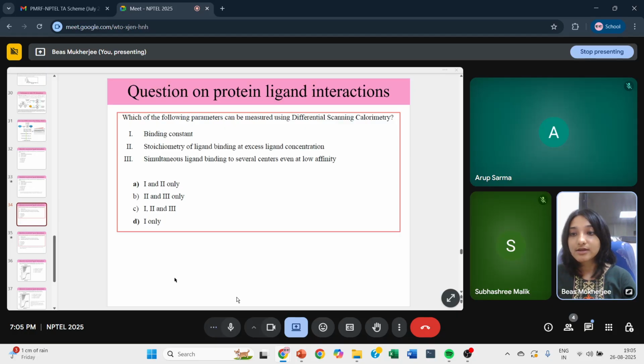Okay. So whether it is binding constant, stoichiometry of the ligand at excess ligand concentration, or simultaneous ligand binding to several centers even at low affinity, which of the following do you think can be found out using differential scanning calorimetry?